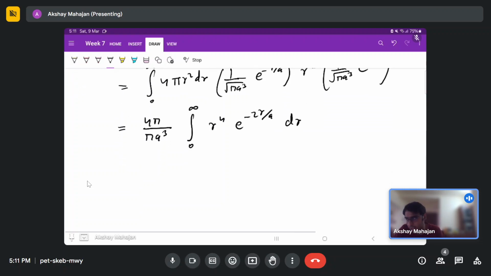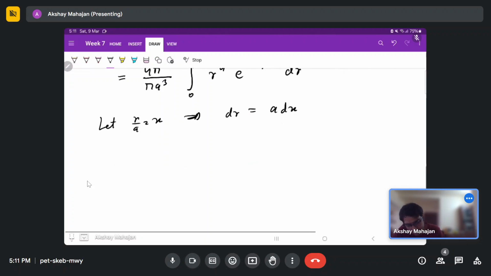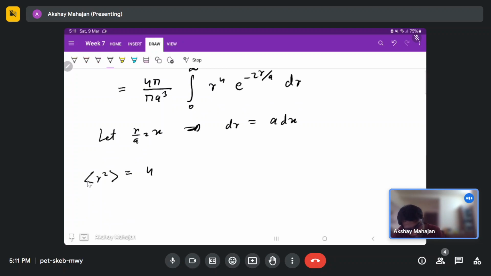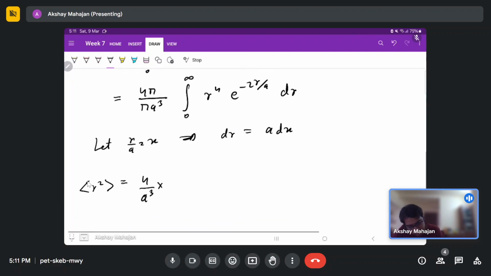Now to solve this, let r by a equal x, and we can write dr equals a dx. So the expectation value of r square will be equal to 4 by a cube times the integral where r to the power 4 becomes a to the power 4 times x to the power 4. x also goes from 0 to infinity.